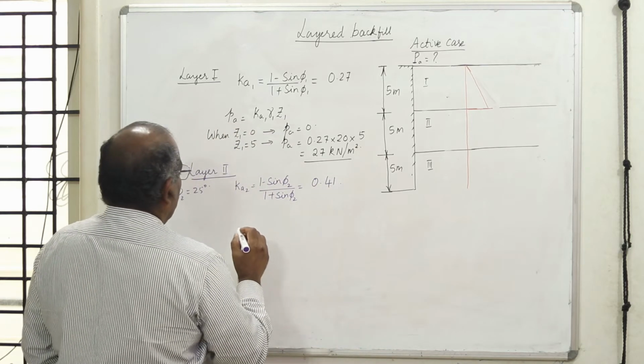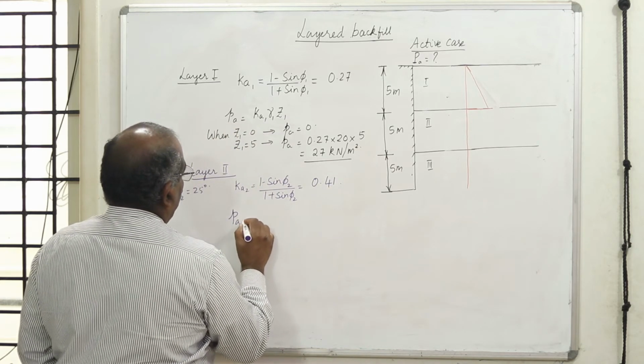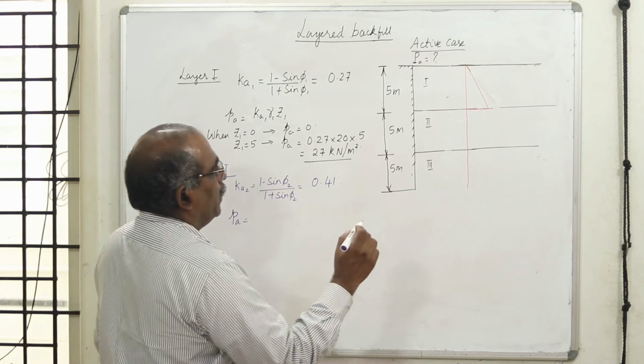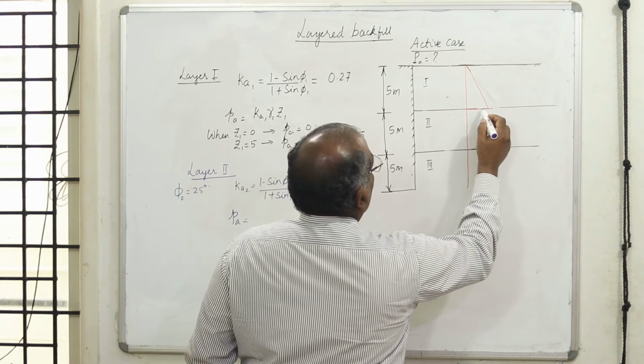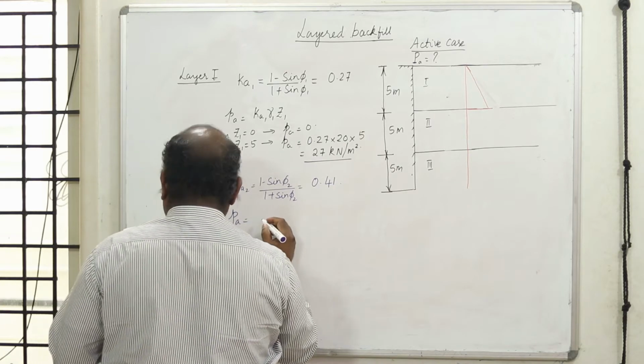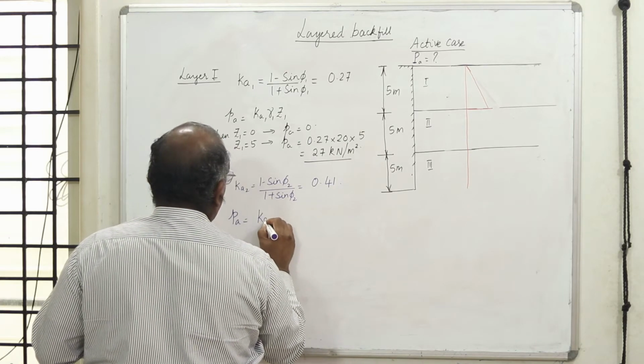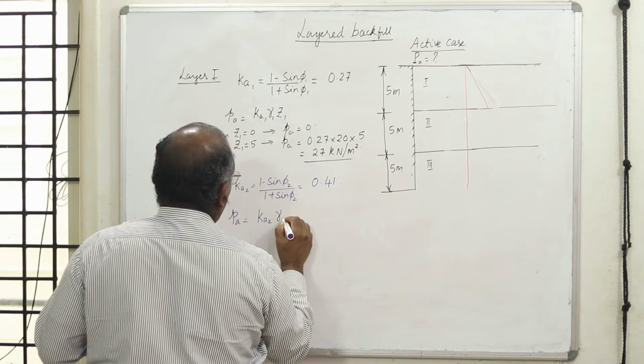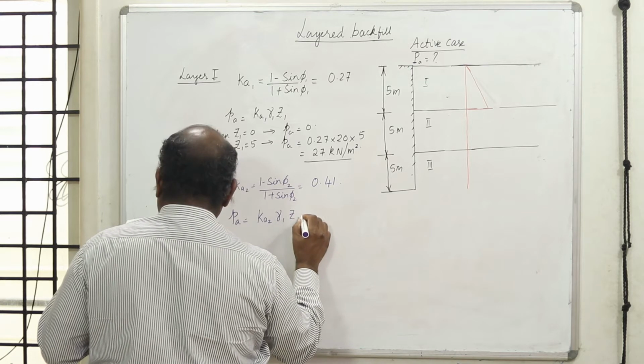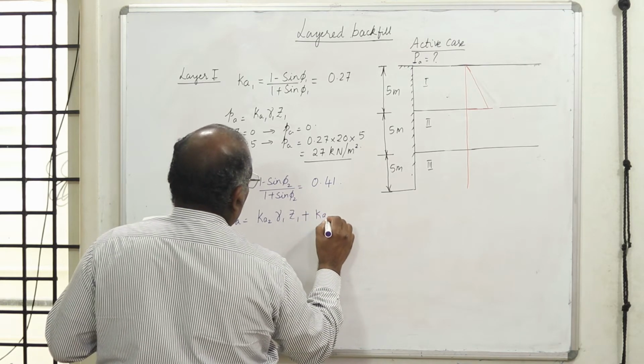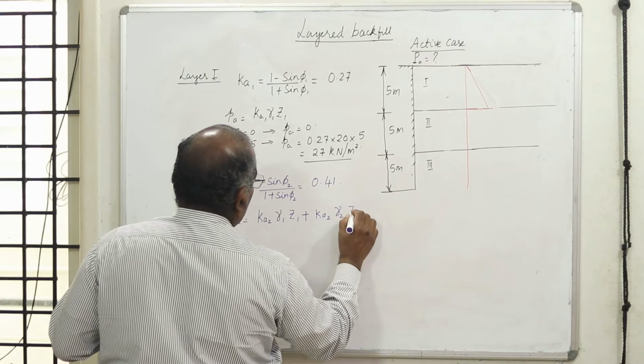Now let us write an expression for Pa. We'll have to use a different value of Ka, therefore it will be Ka2 into gamma 1 into Z1 plus Ka2 into gamma 2 into Z2.